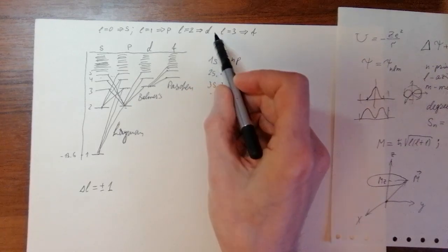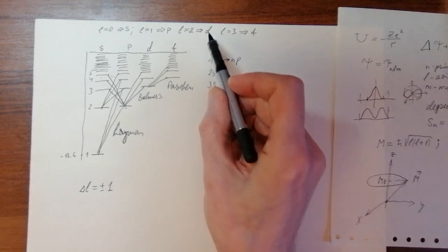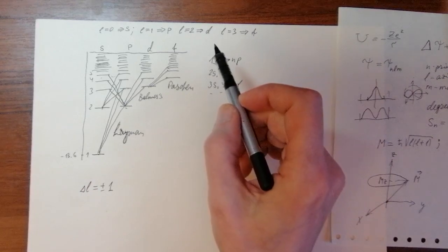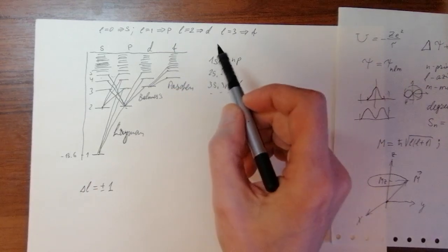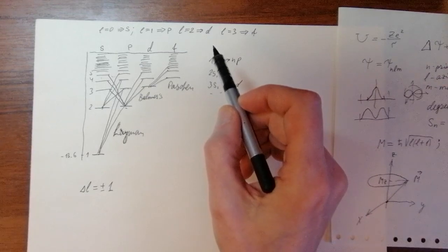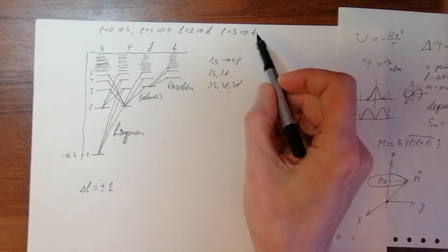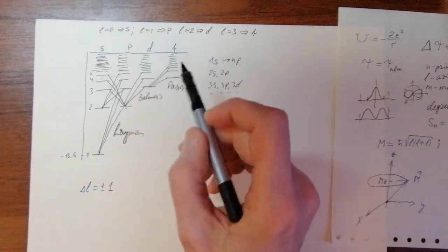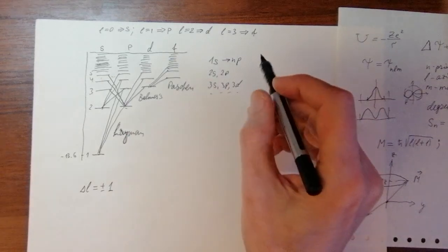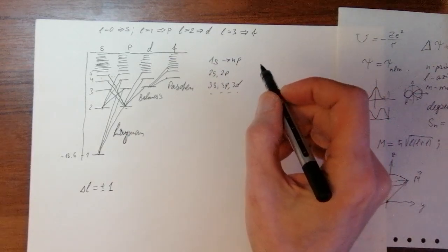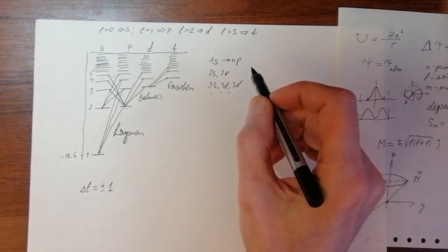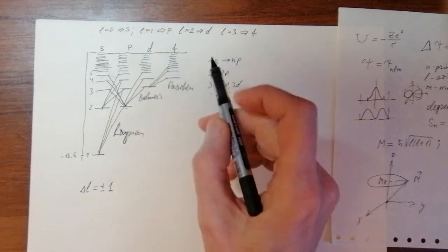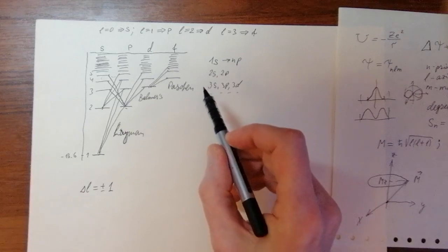And so it is called d, from the word diffuse. L equal to 1 is called principal. I will also explain later why it is principal. And L equal to 3 is called fundamental. So it is fundamental, diffuse, principal, and sharp. From this observation of spectroscopists, in the early age of quantum mechanics, they called these lines with these corresponding letters, and they are used till now.